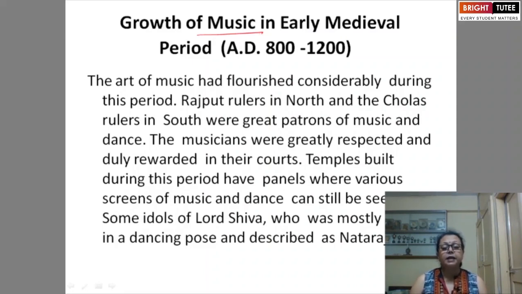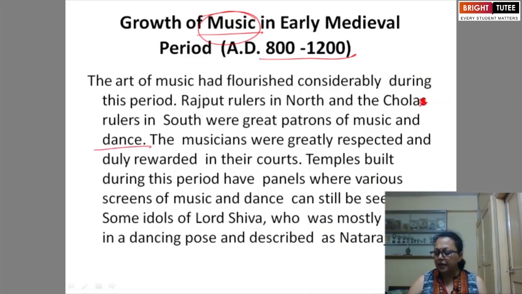In the same way, now we are coming to discuss music and its importance in the early medieval period, 800 to 1200 AD. The art of music had flourished considerably during this period. Rajput rulers in the north and the Cholas in the south were great patrons of music and dance.